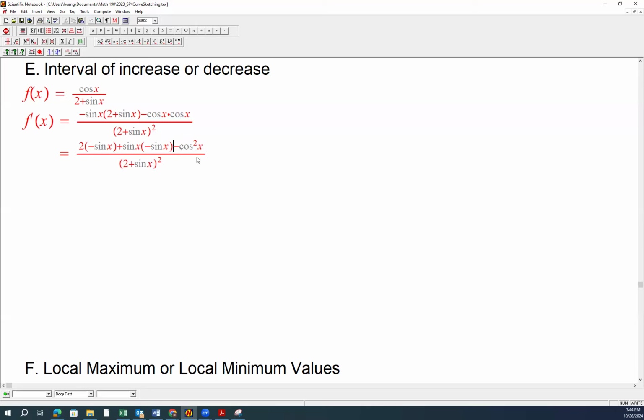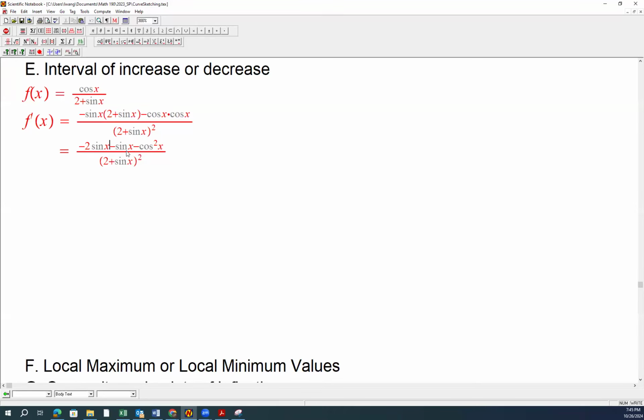The parentheses will be removed. This piece equals negative 2 sine x, and sine x times negative sine x is minus sine squared x.